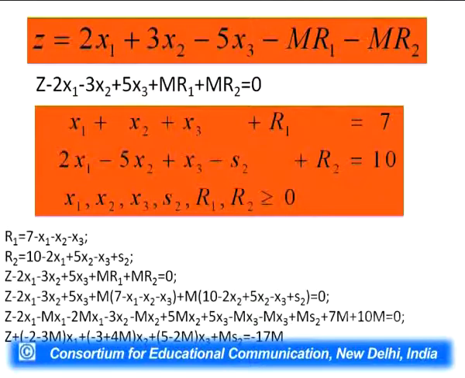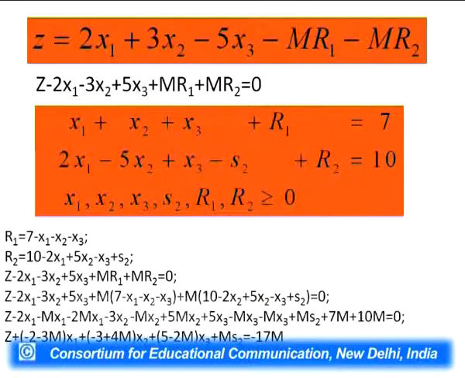R1 and R2 are to be removed from this equation. So, how are these to be removed? We will go to the constraints and find out the values of artificial variables, and we will put those values in the objective function and we will get rid of R1 and R2 which are artificial variables.